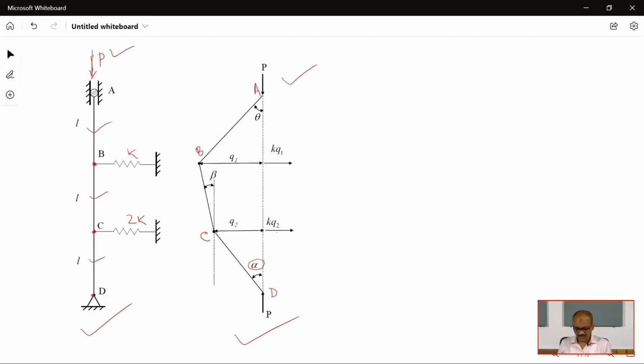For this, we will have to first find the strain energy stored in these two springs. The strain energy stored in this spring will be half K into Q1 square, and the strain energy stored in the other spring is half into 2K multiplied by Q2 square.